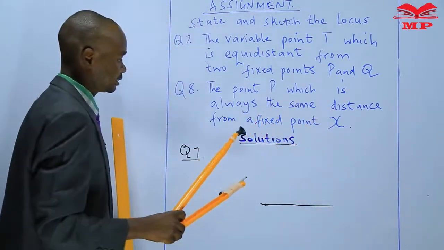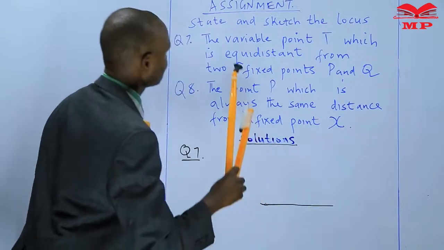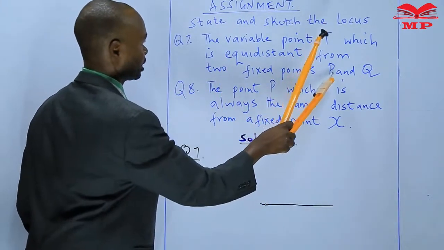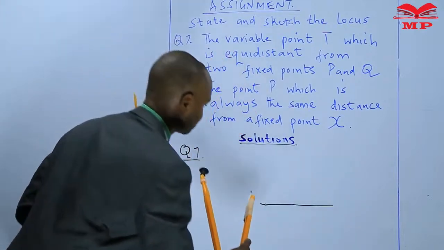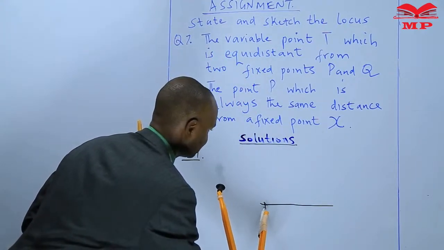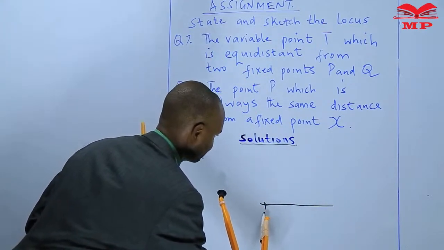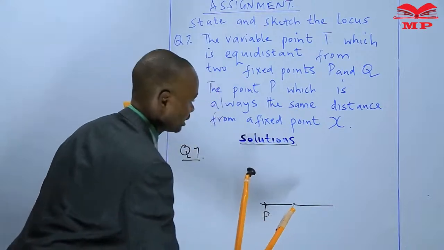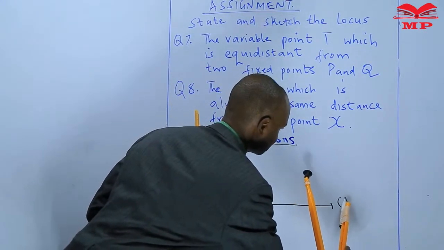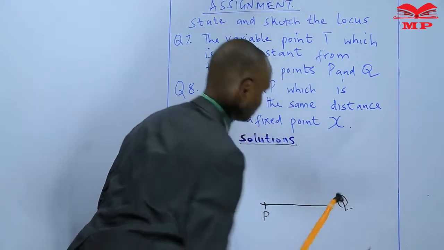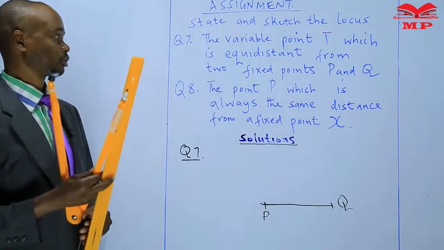On the straight line, you'll get there are 2 points, P, Q. So you have your point, we have P and the other point is Q. Those are the 2 points you have.